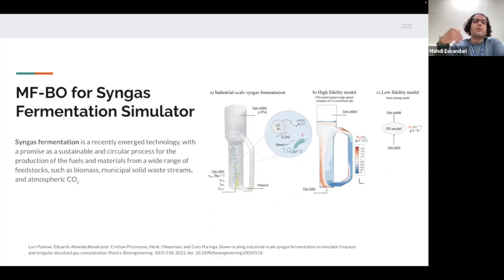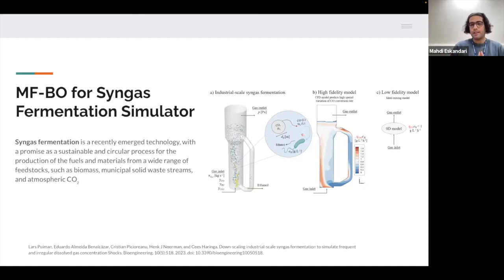But in our problem, the specific use case of MFBO that we are going to explore more is MFBO for Syngas Fermentation Simulators. Syngas fermentation is a technology that, in a very simple form, takes some variables as input in a specific environment in terms of pressure or temperature, and gives some gas as output.